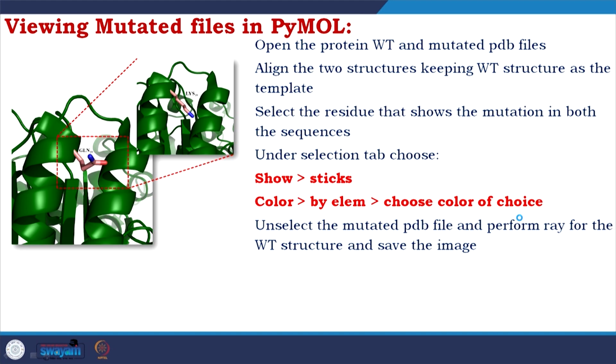So, here you see the residue was glutamine 39 and you make a mutation of this glutamine to lysine to make it lysine 39. That is something you have mutated already in WinCoot and now you see it in PyMOL and you save it in high resolution for publication.